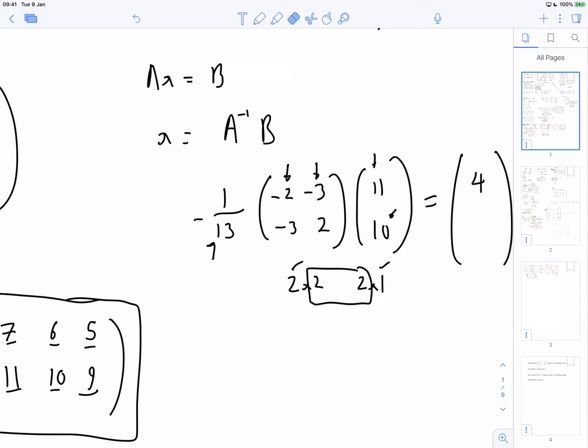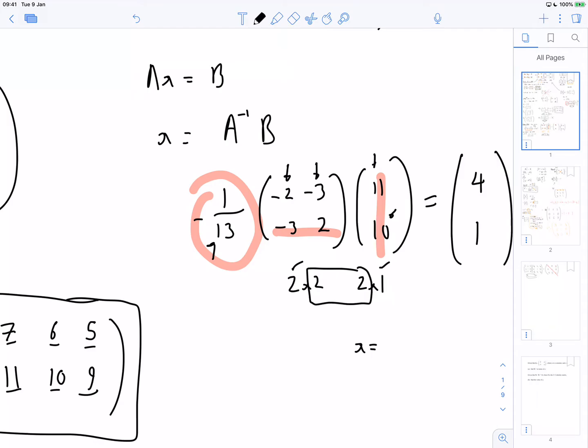Okay, next row, next column. I've got minus 3, 2, and 11, 10. So I've got minus 3 times 11, which is minus 33, plus 2 times 10 is 20. Minus 33 plus 20 is minus 13. Minus 13 divided by this minus 13 out front means I'm going to get positive 1.